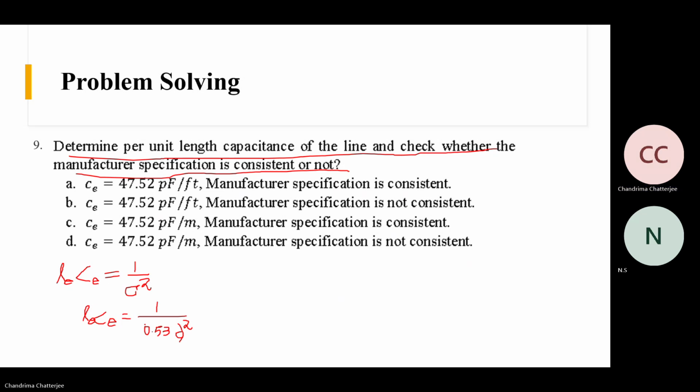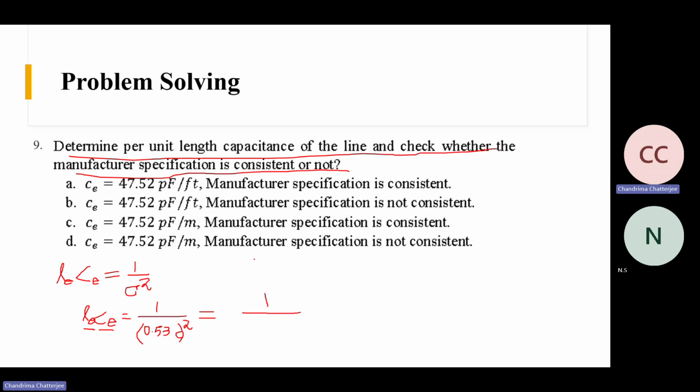LE value we already know, right? LE value we already know, and CE value we need to find out, right?